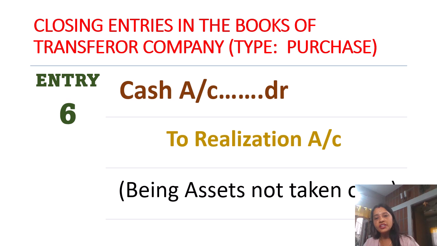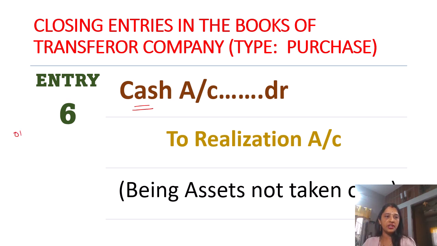Now you are not transferring them to the new company, so you should pass it on the credit side. Also, when you sell the asset, cash comes in. So the cash account will be debited and the realization account will be credited if the assets are not taken over, because sometimes a few assets will not be taken over by the transferee company.